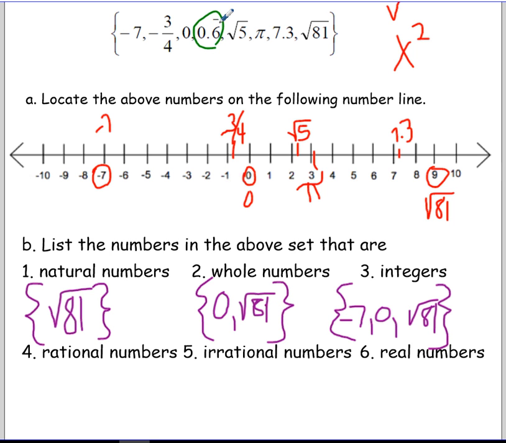0.6, notice that bar above that, that means it repeats, so 0.6 with a line means 0.6666, and it could keep going on forever. And that fraction is actually 2/3. If you divide 2 divided by 3, you'll get 0.6 repeating.